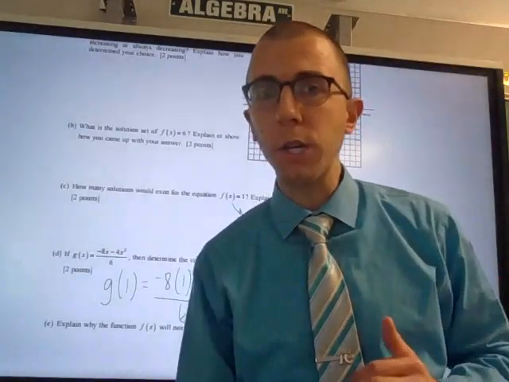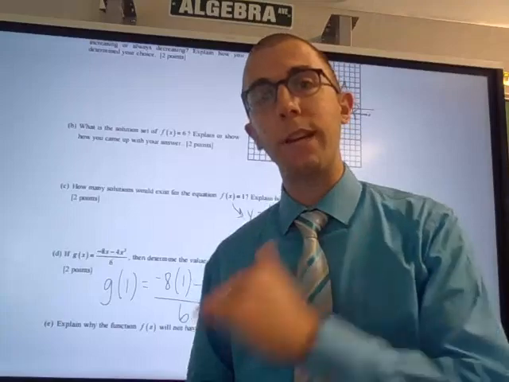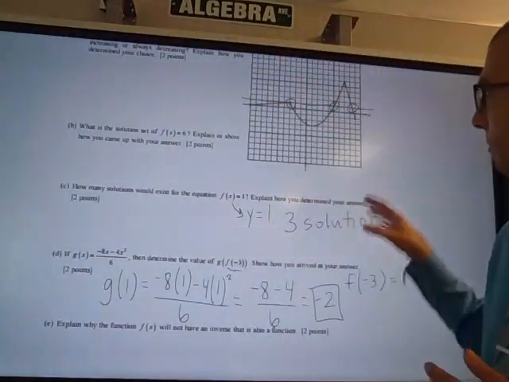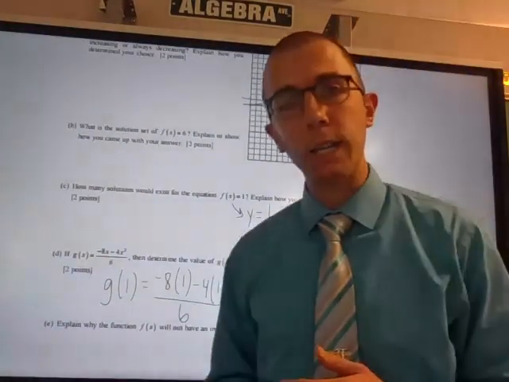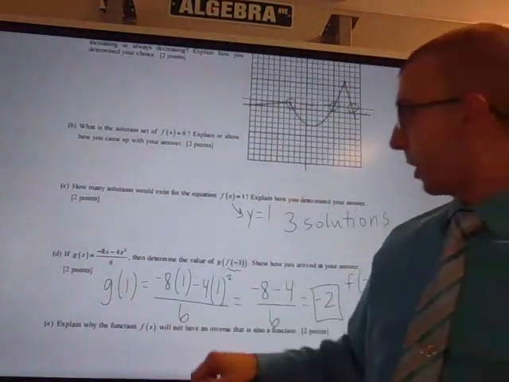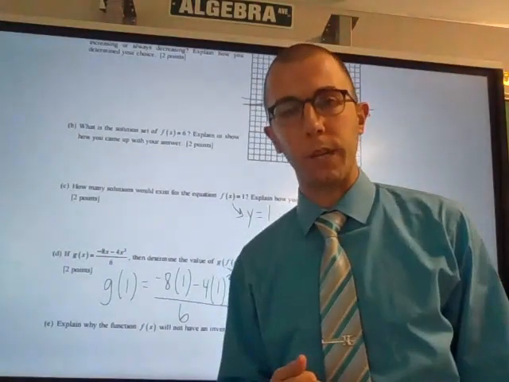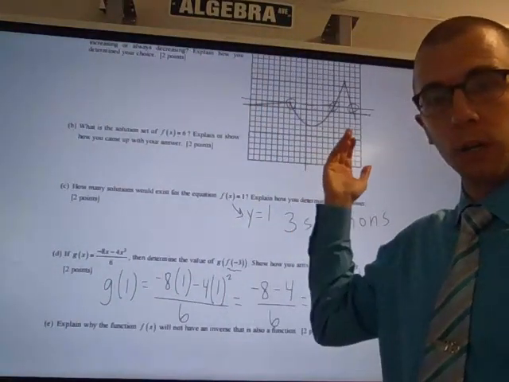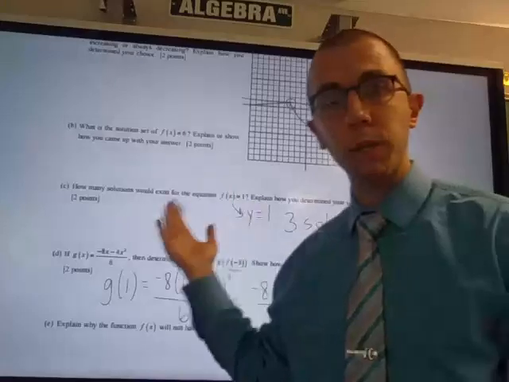So only if a function is 1-to-1 will it have an inverse that is also a function. Actually, it says explain why it will not have an inverse that's a function. So why not? Well, f of x is not 1-to-1.